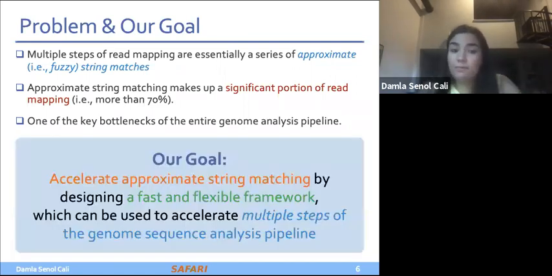Because of that, in this work, our goal is to accelerate approximate string matching by designing a fast and flexible framework so that we can accelerate multiple steps of the genome sequence analysis pipeline.